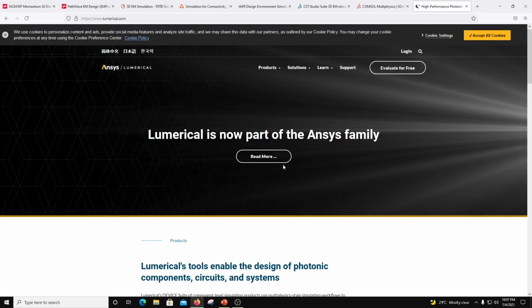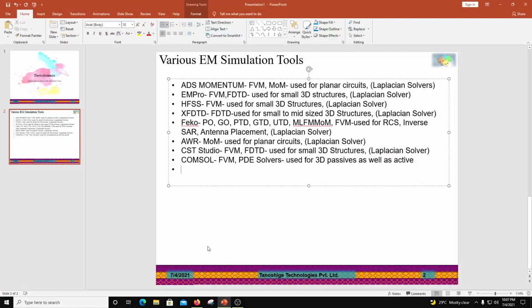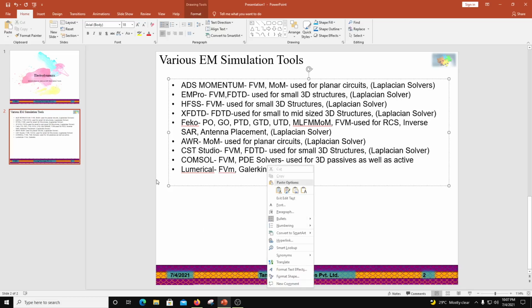Now the next one is called Lumerical. Lumerical is an FVM, and then it uses discrete Galerkin methods.